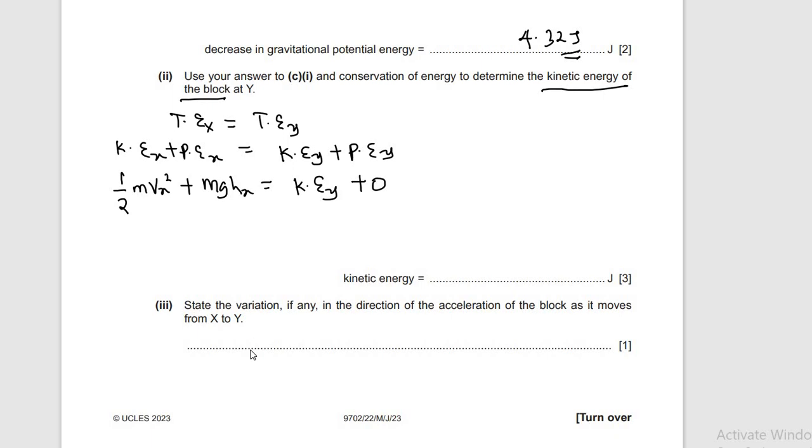So from here, we have half. What's mass? Remember that weight is mg. Mass is weight over g.